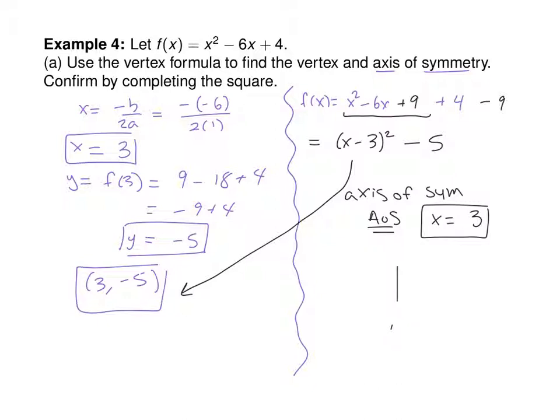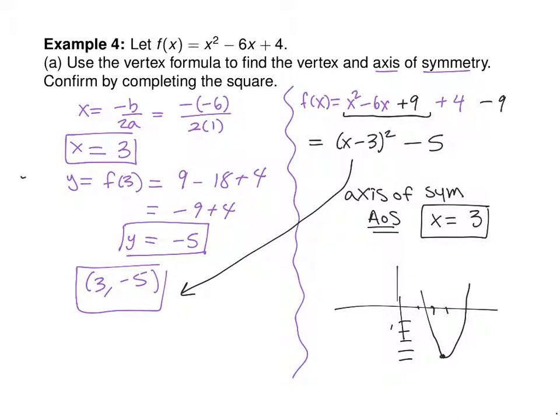If you were to graph this, you'd go over 3, down 5, and then you'd have that kind of shape, right? The axis of symmetry will always be the thing that divides it in half, and the vertex is always the halfway point, so it's always going to go through the vertex. So once you've found the x-coordinate of the vertex, you've also found the axis of symmetry. Okay, awesome.